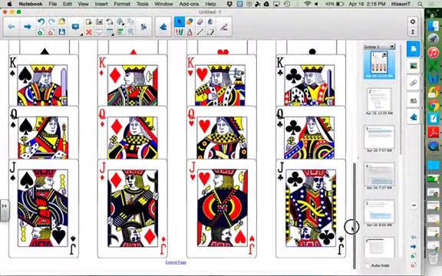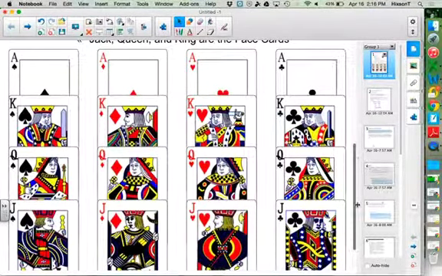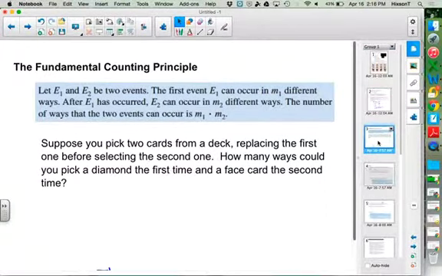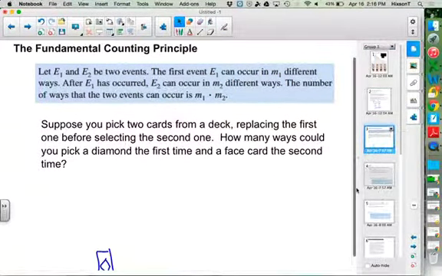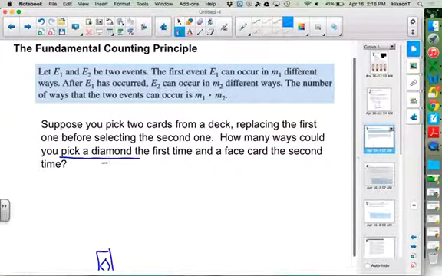So we had the 4 suits, and these are our diamonds. What are the 2 events? Picking a diamond, we'll call that E1, and picking a face card, that'll be our E2.